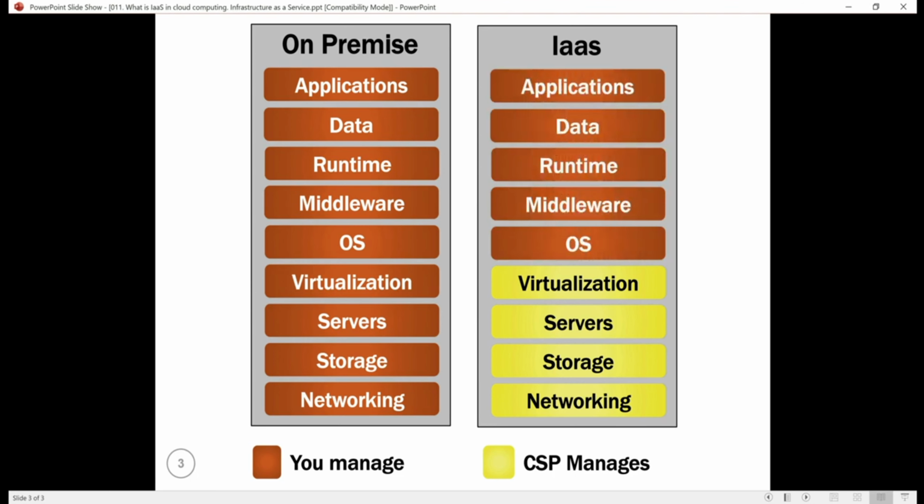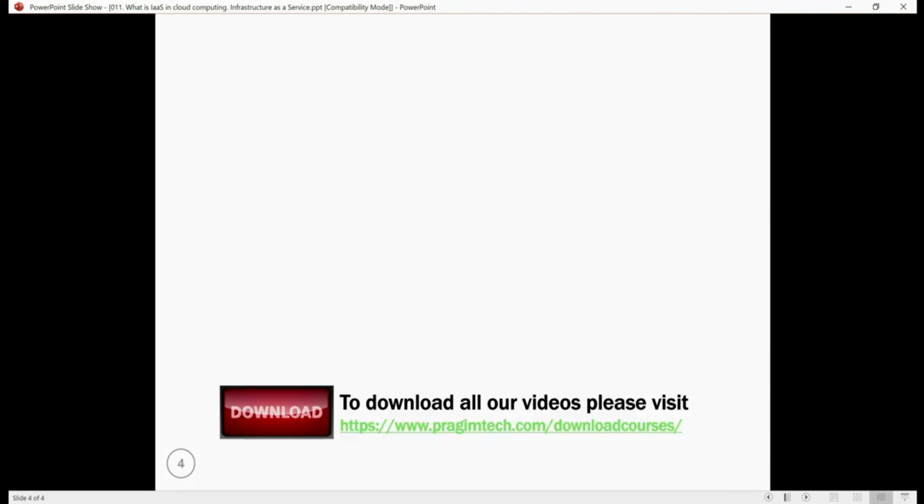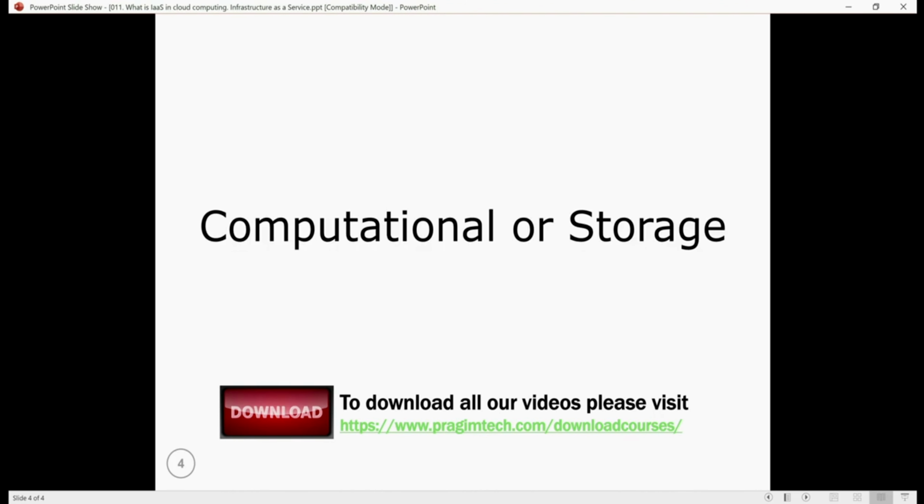The rest, that is, the operating system, middleware, runtime, data, and applications, are still managed by you, that is, your organization. This means you have better control and you can install any operating system of your choice, Windows or Linux, for example. So the point is, you can use this infrastructure for anything you want, computational or storage needs.